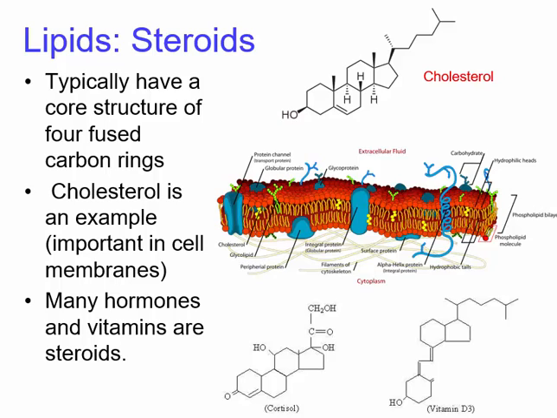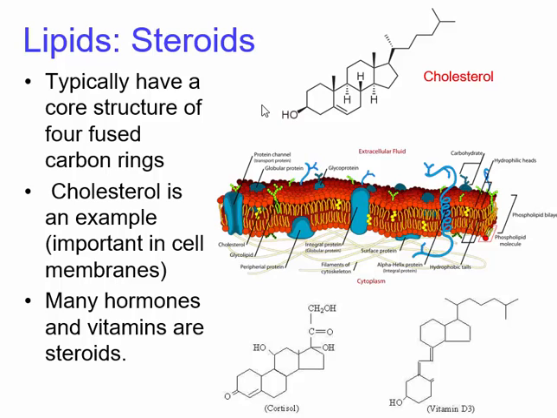All right, last group of lipids. These guys will come up again when we talk about cell membranes. It's the steroids. Steroid molecules typically have this 4-ring structure and then a whole bunch of other different things attached to them that determine their properties. Cholesterol is a great example of a steroid that's important in cell membranes.